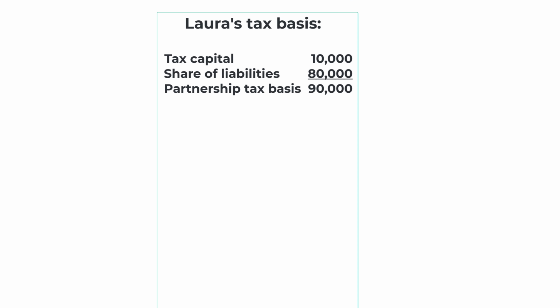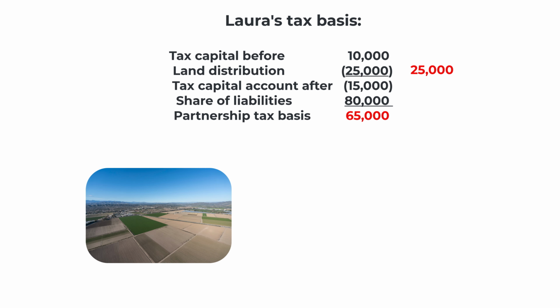When the land is distributed, Section 732 says that $25,000 of her partnership tax basis transfers to the land, and she now has a $25,000 tax basis in her 50% share of the distributed land. After the land distribution, Laura's tax basis in the partnership is $65,000, which is a negative $15,000 tax capital account plus the $80,000 recourse liability.